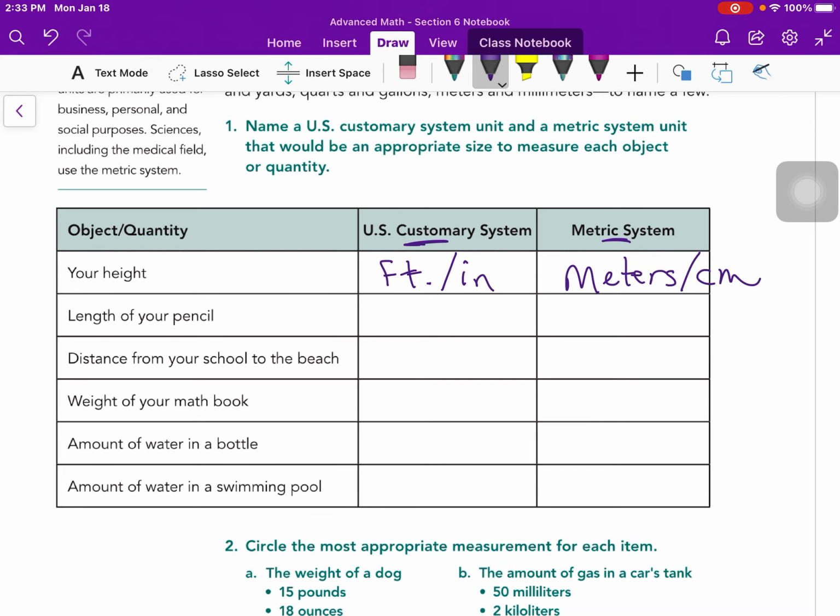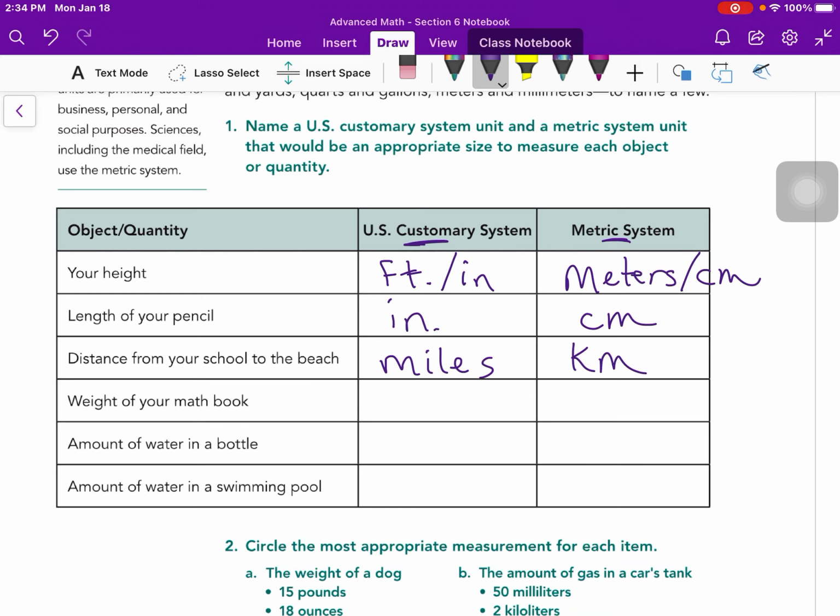The length of your pencil would probably be in inches, and in the metric system, centimeters. The distance from your school to the beach, well, we're really far from the beach, but even if we go to a local lake, we could count it in miles, and in the metric system, kilometers.